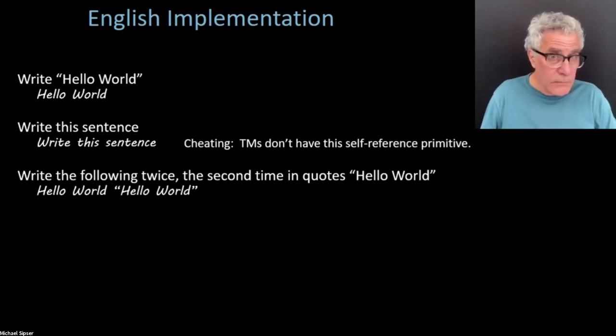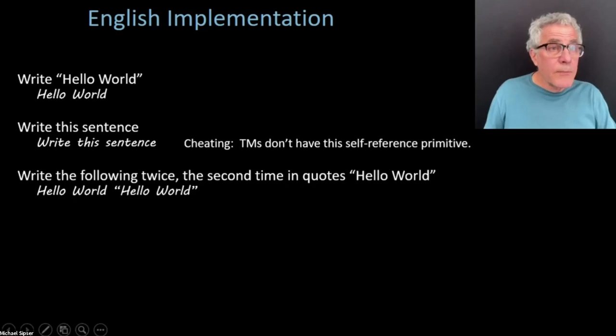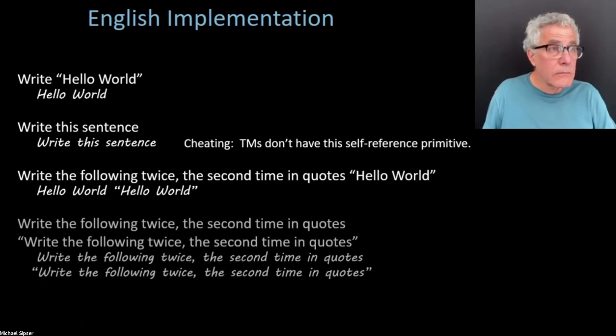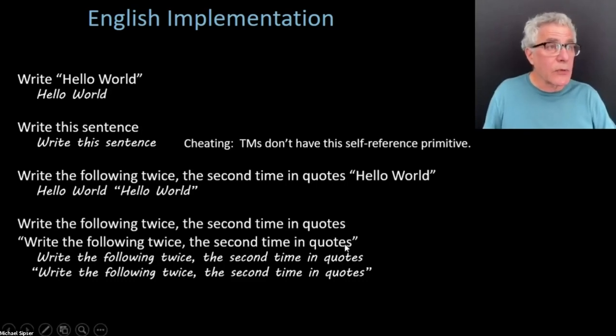Okay, hopefully not too bad. But now I'm one step away from the implementation of the self-reproducing algorithm in English. Write the following twice, the second time in quotes, and then in quotes, the same text.